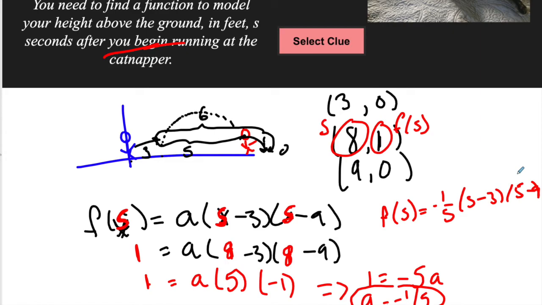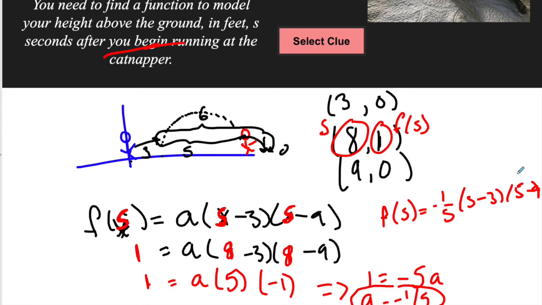You could call it h of s for height, d of s for distance, or e of s for elevation. There's a lot of things you could call it, but what's important to me is that you can look at a situation, create a visual representation of it, take the verbal representation and the information, and write a function that ensures you hit all of the required points.